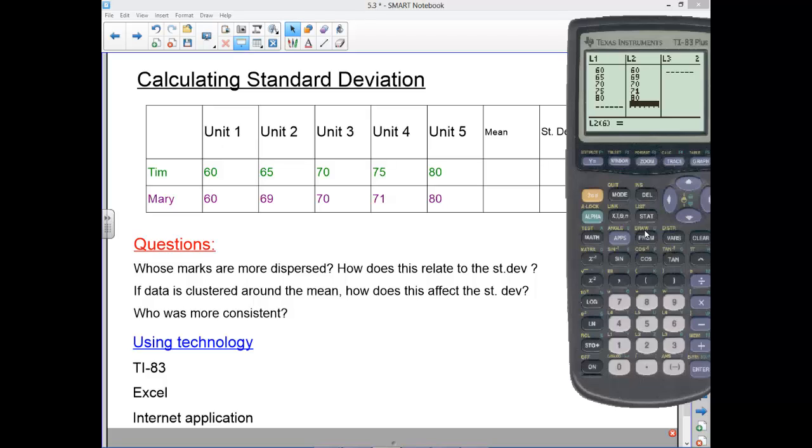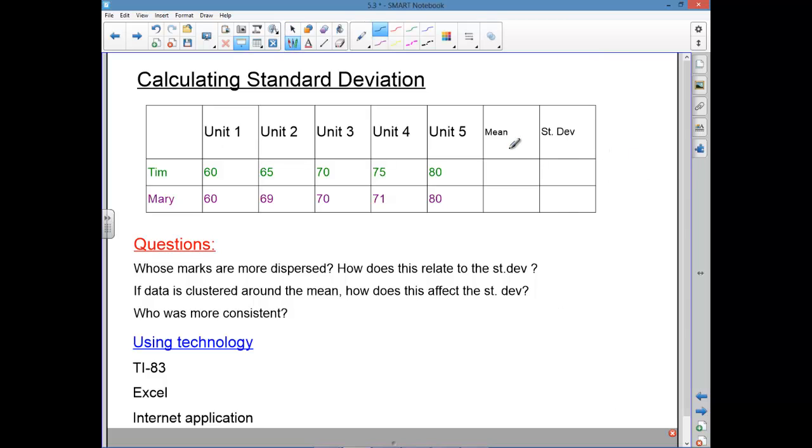Now, to calculate the mean and standard deviation, I'm going to draw your attention back to the symbols we had mentioned last class. Remember that the mean is referred to as x bar, and sigma is our standard deviation. And the standard deviation we're calculating is going to be for population.